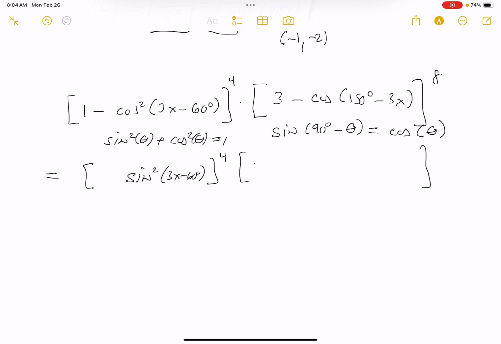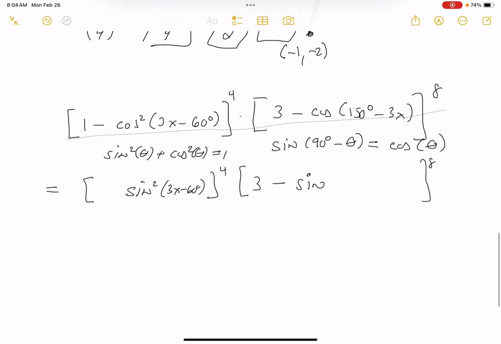All right, so let's write this down. 3 minus, I gotta be careful now, sine of 90 degrees minus 150 degrees minus 3x. And that would give me 3x, right, because minus 3x plus 3x. And then 90 minus 150 is minus 60 degrees. Well, now things are sort of coming into order, by the way.